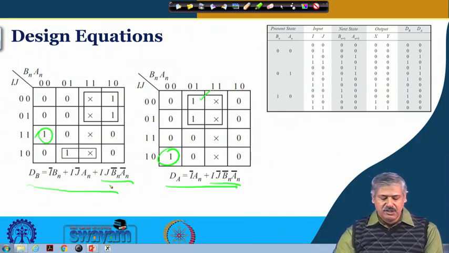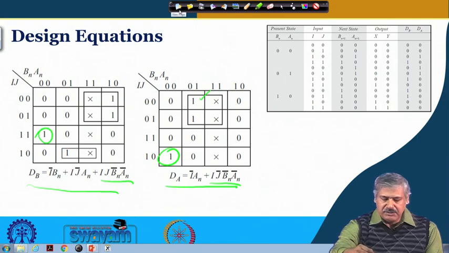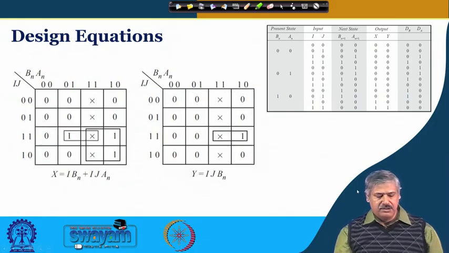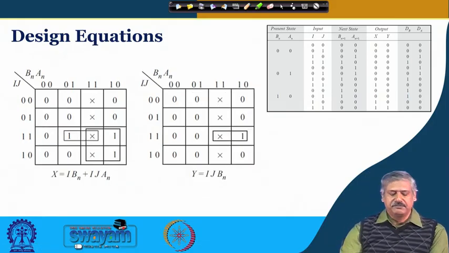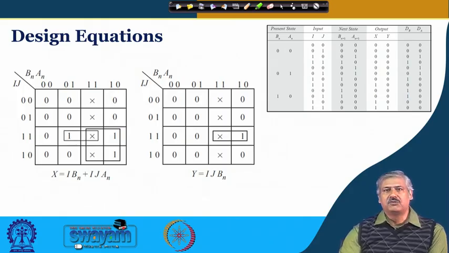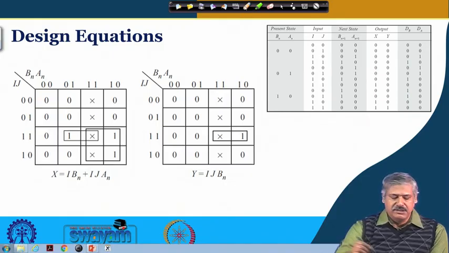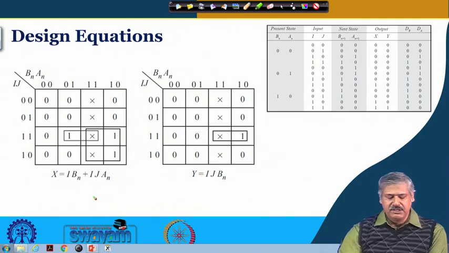Okay. So this is the equation for the flip-flop inputs, and then the corresponding equation for the outputs, right? Since it is Mealy model, the output equation considers the input as well, isn't it? So that is I and J. Had it been Moore model, it would have been solely generated from the flip-flop output.